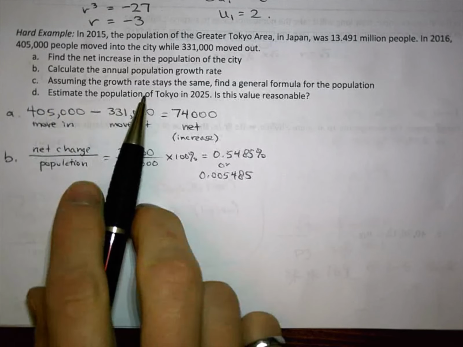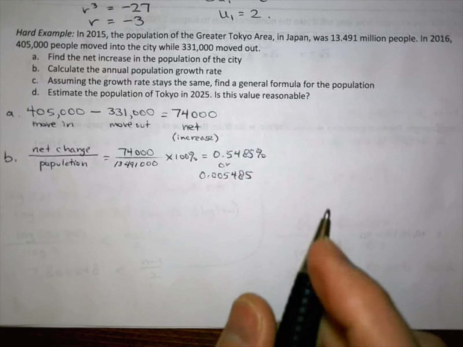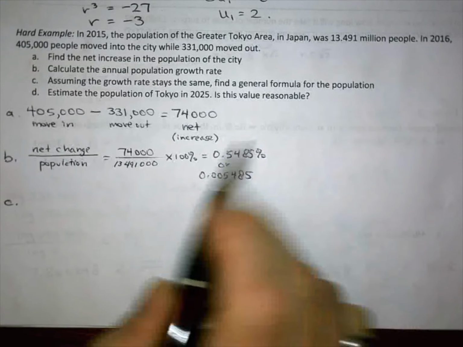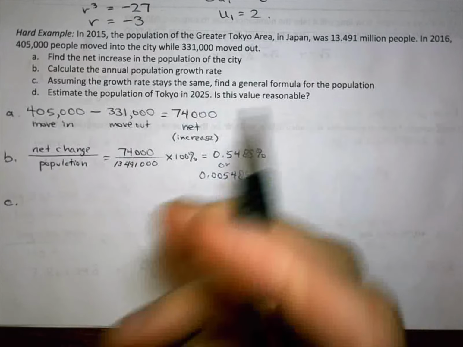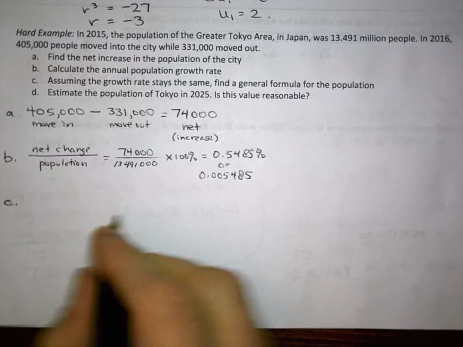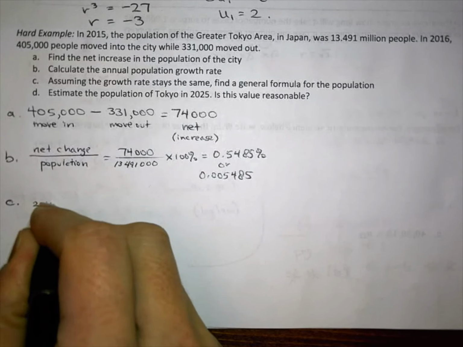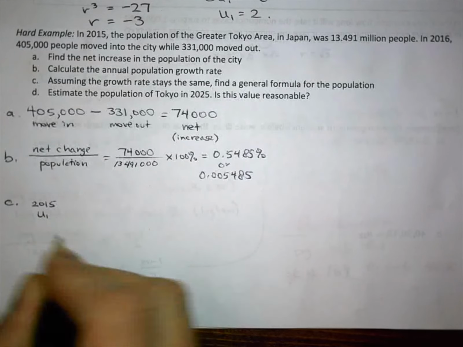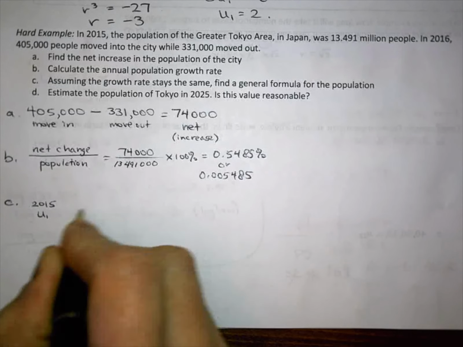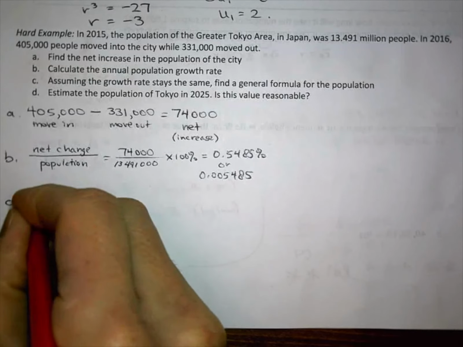Okay, so assuming the growth rate stays the same, find the general formula for the population. So again, when you're thinking population growth, you should be thinking exponential or geometric sequence. So let's see if we can map this out. We have 2015 as my first year. Let's call that U1, and that has a population of, let me write that in red so we can differentiate it.